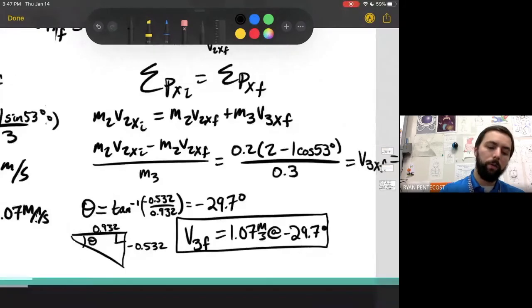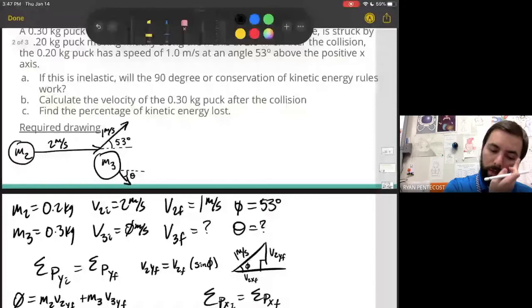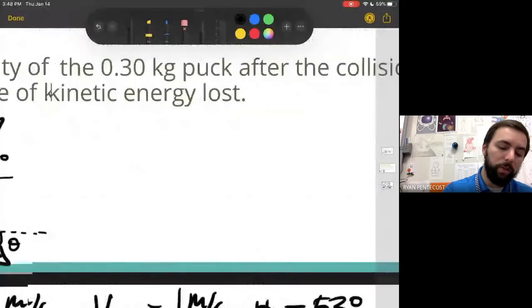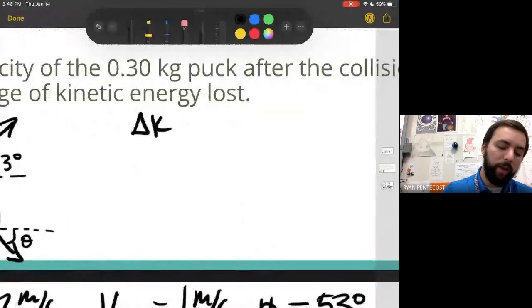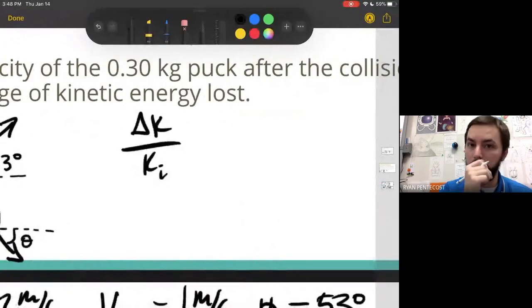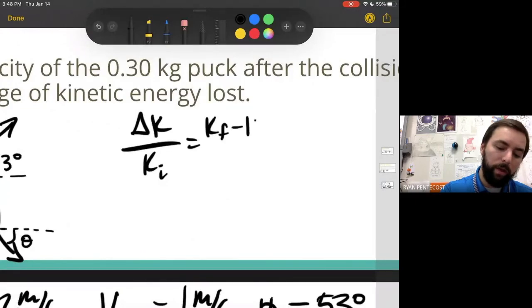All right, good deal. Now, that was not the last piece, right? It does also ask us to find the percentage of kinetic energy lost for part C. So to find kinetic energy loss, you need to take the change in kinetic energy and then divide that by the initial energy that you had to begin with. So this would be Kf minus K initial divided by K initial.